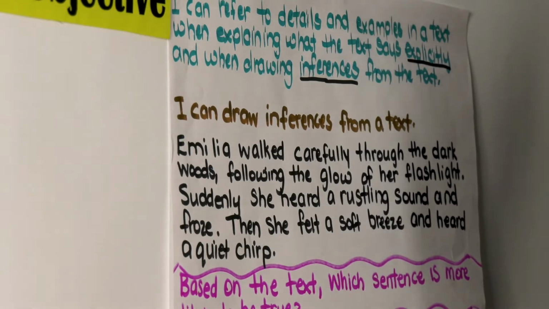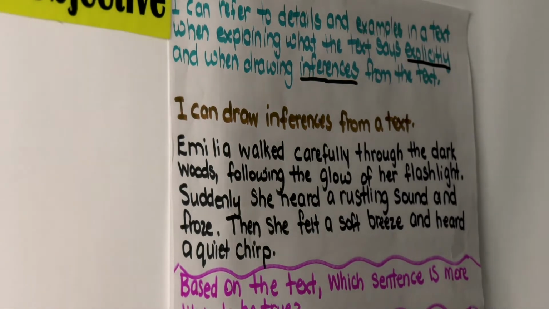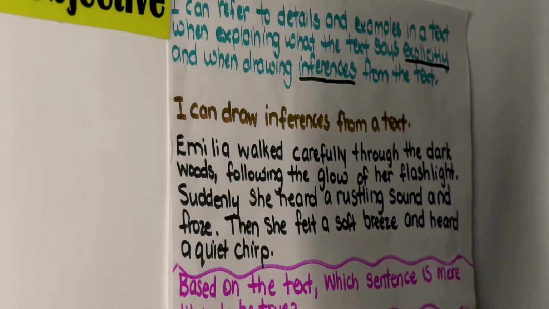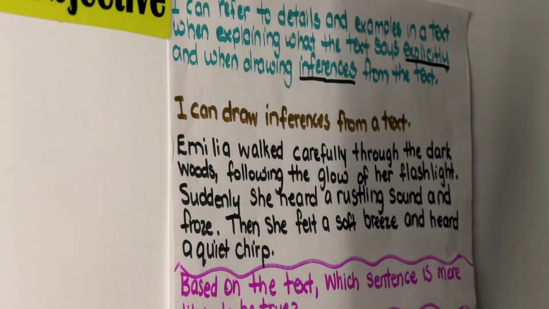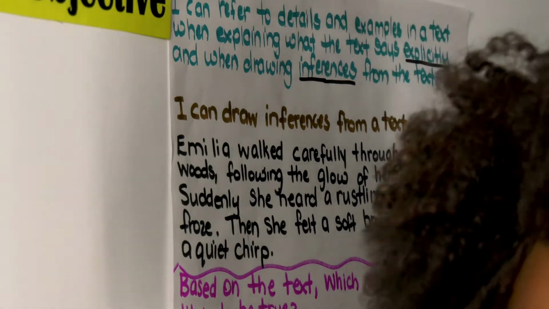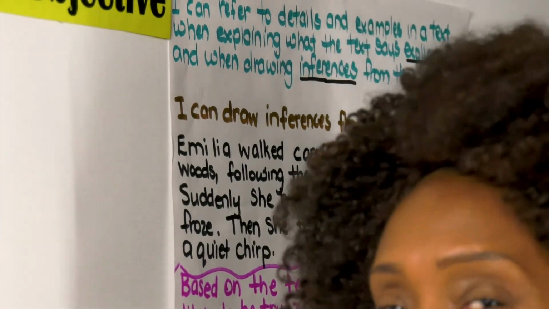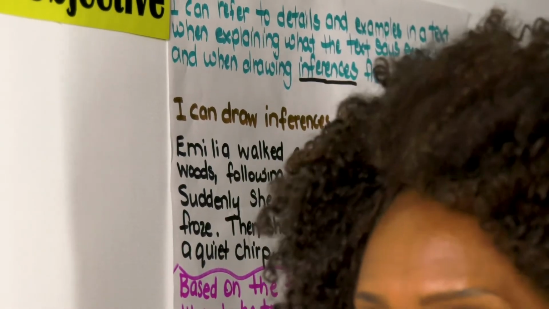However, they do give you clues to figure out, based on what you already know about the subject, what's going on in the story. So what the text says plus what you know about the subject in the text is going to equal your inference, or your sensible or educated guess. Okay?